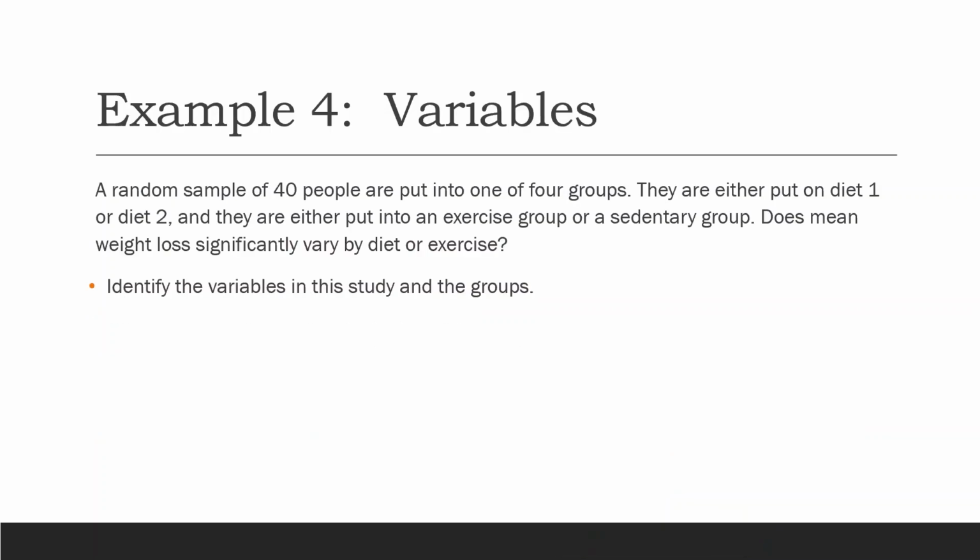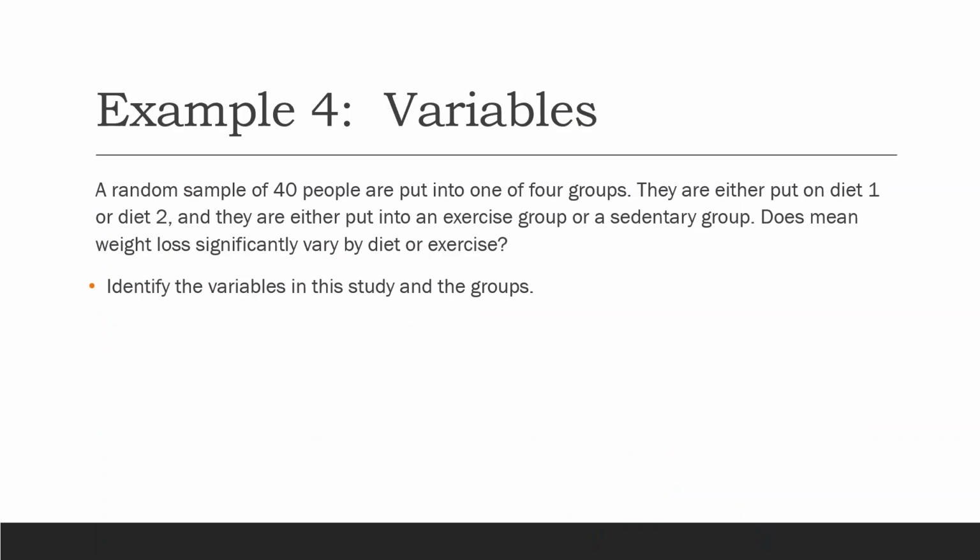So let's look at some examples and try to identify the variables in the study. In this example, we have a random sample of 40 people that are put into one of four groups. Now, there are four groups, but the groups are going to be created by looking at two groupings.